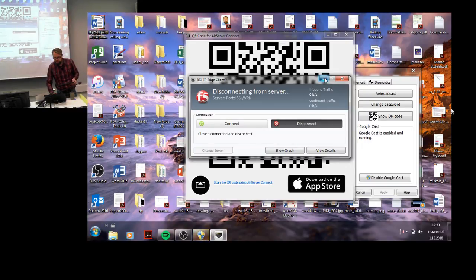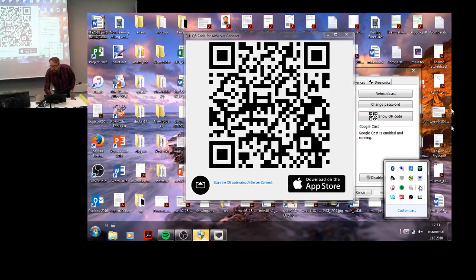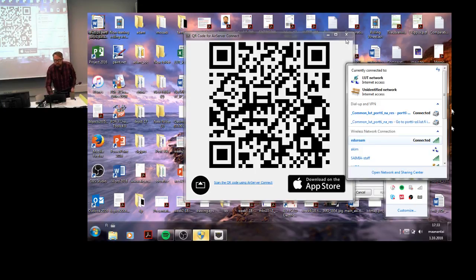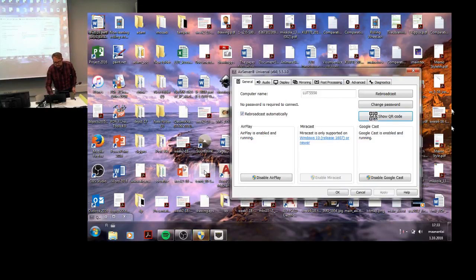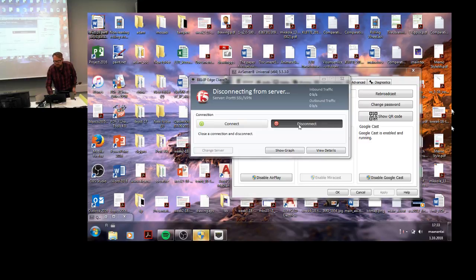Let me scan the QR code one more time. Not yet. What's up with this? The connection is all right, but I think it is a VPN that is causing trouble this time. So let me check how the VPN is disconnecting.